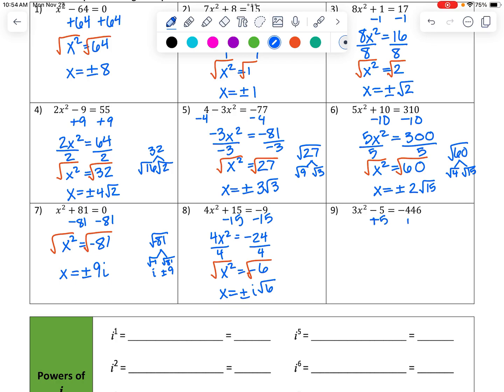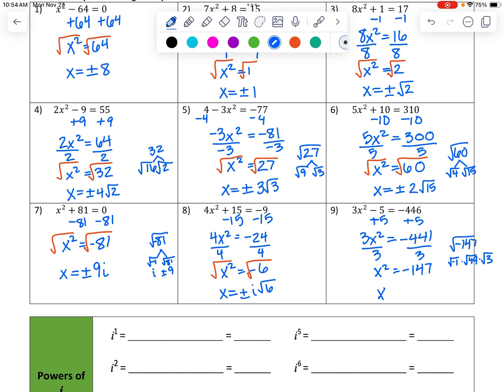All right, and last one before we look at something new here. I'm getting negative 441, and we're dividing by 3. And I'm getting x squared is equal to negative 147. When I take the square root of negative 147, I am getting a negative 1, a 49, and a 3.